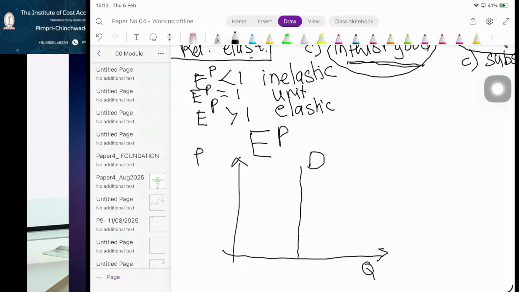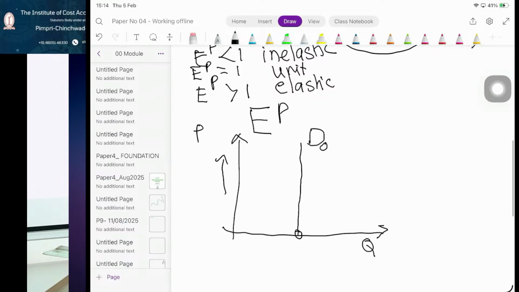Let me call this D0. What it means is that even if I'm changing the price, quantity demanded is not changing, it is remaining fixed at this number. What would be the price elasticity of this demand curve?